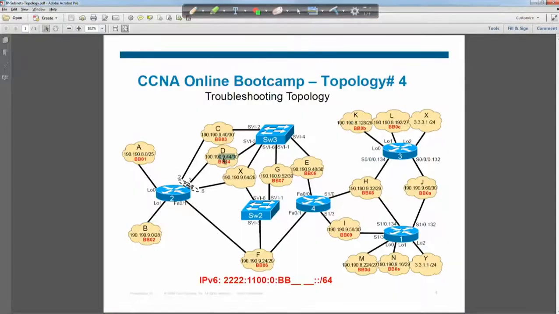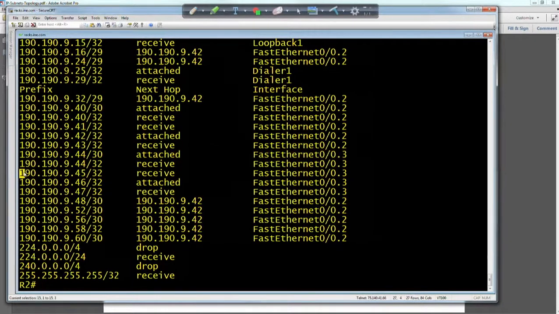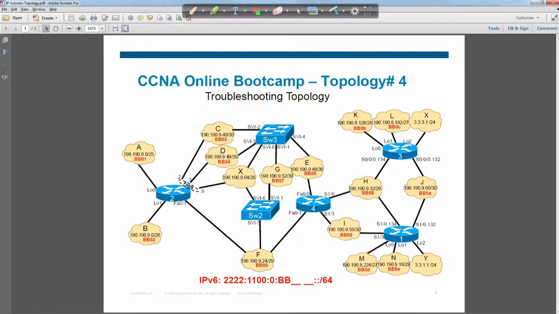And similarly, if you take a look at this network, 9.44, well, his actual host address on .3 is 9.45. And here it is. That's his own host address, so that says receive it. That means someone's trying to talk to me. And 9.46 is switch 3's address.